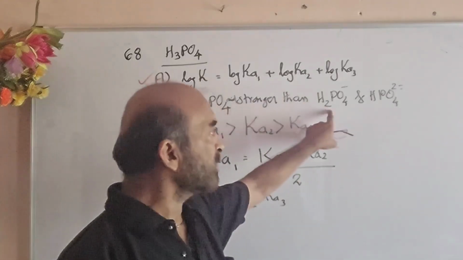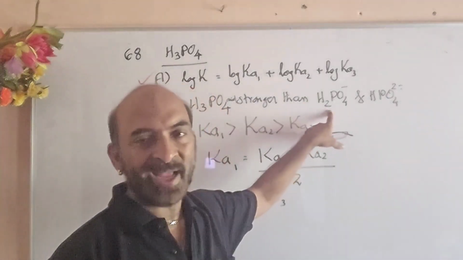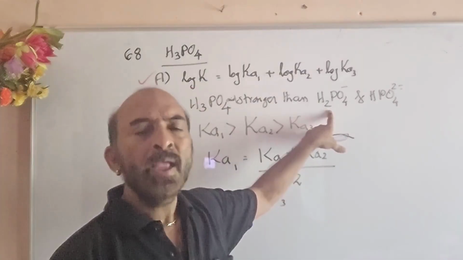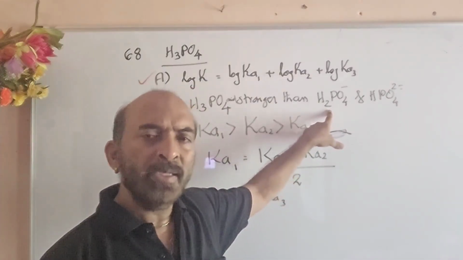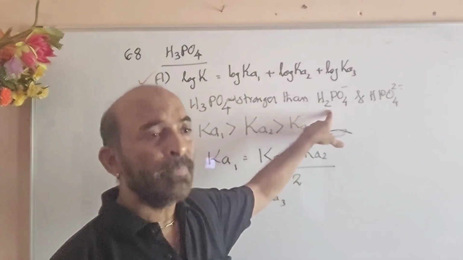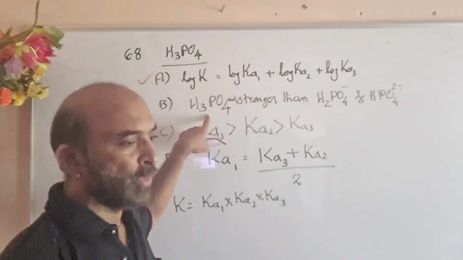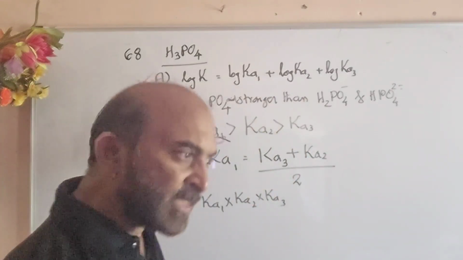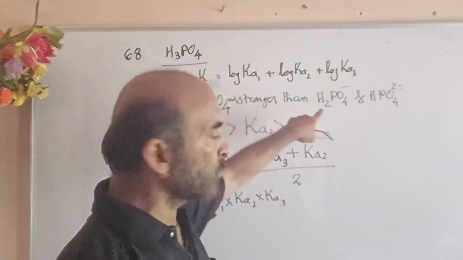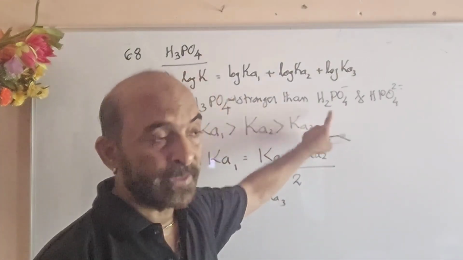From H3PO4, it is H2PO4 minus. An anion is acting as an acid. And an anion's tendency to release a proton will be less than the tendency of a neutral molecule to release a proton. Naturally, as an acid, H3PO4 will be stronger than H2PO4 minus.